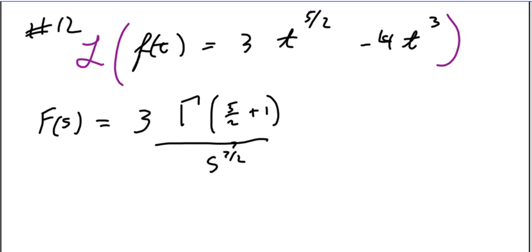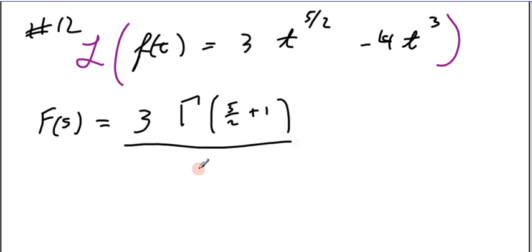Oh well, can't have everything. Divided by s to the 7 over 2 minus 4 times 3 factorial divided by s to the 4th.